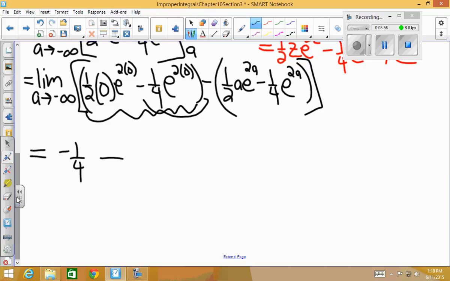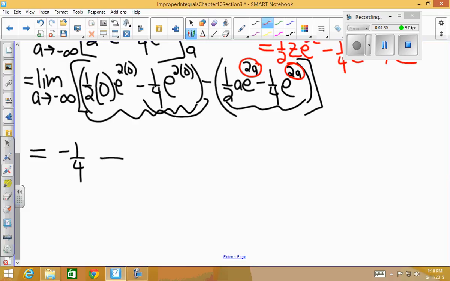Minus, now we get over here to this other part. Well, notice that a is getting closer to negative infinity. We have 2a and 2a as exponents. If a is a negative number, then that's going to drop that factor into the denominator.